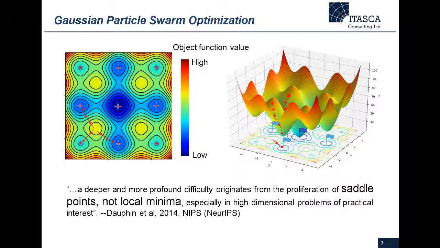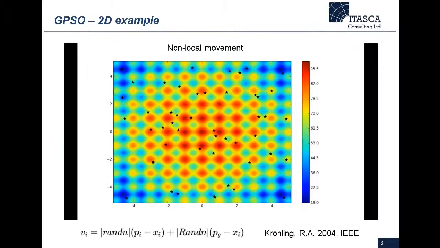We are looking at a high-dimension problem, not super high, like 1 million dimensions, but 70 dimensions is really high. In those dimensions, local minima are not that scary. Saddle points are more severe in this case, and at saddle points the gradient vanishes. So you're not able to know which direction to go to further minimize or look for the global minimum. So that's the reason we chose Gaussian particle swarm optimization.